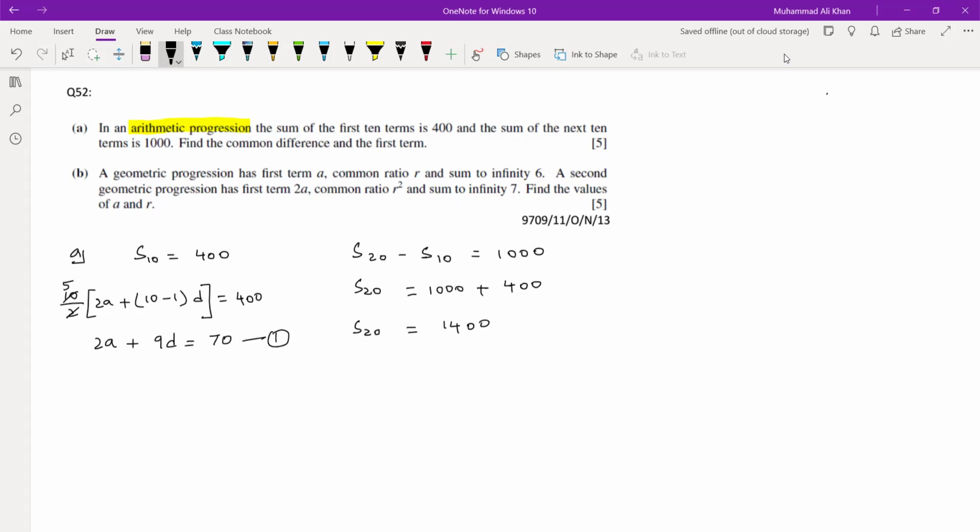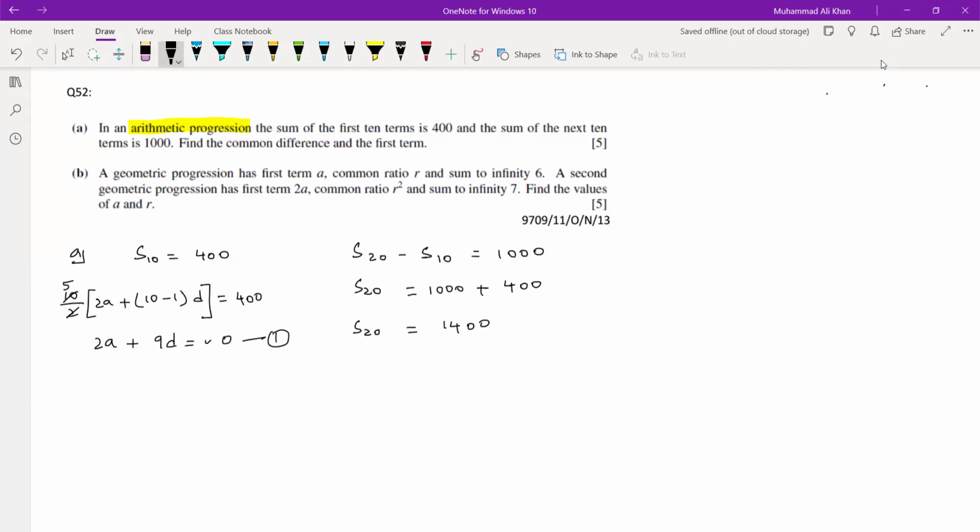This is equation 1, right? Sum formula n/2, 2a plus (n-1) into d. This is not 70, it is 80.